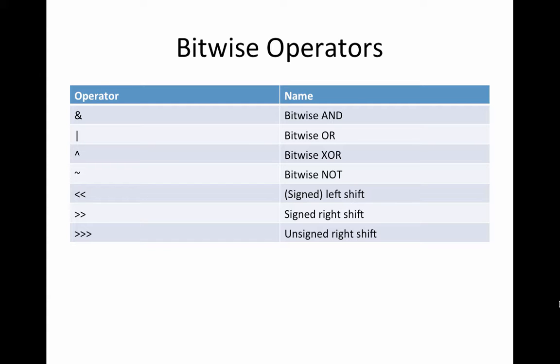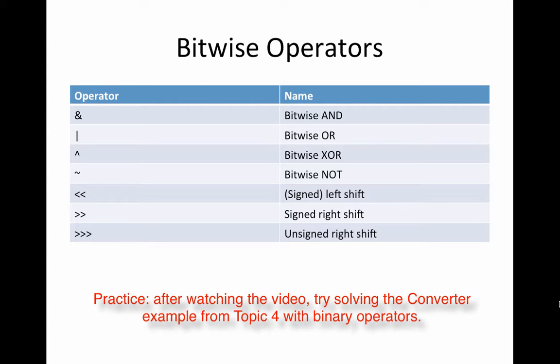We can take two numbers and perform operations among their bits at the bit level. For example, we can take two bits and perform a bitwise AND operation. If both bits are 1, the result will be 1, otherwise the result will be 0. A bitwise OR operation will result into 1 if at least one of the bits is 1.